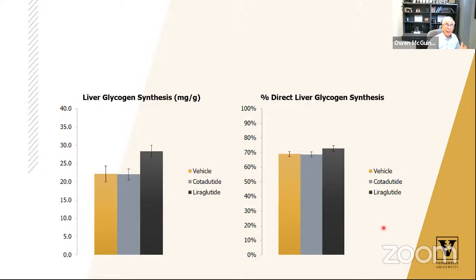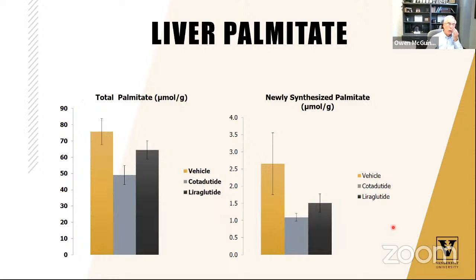In addition, when you eat a meal, there's a portal signal effect that when you give glucose via the portal vein, or you give something enterally, it further enhances glycogen deposition as well. So this is peripheral hyperglycemia augmenting glycogen synthesis. So remember, the liver is in uptake mode.